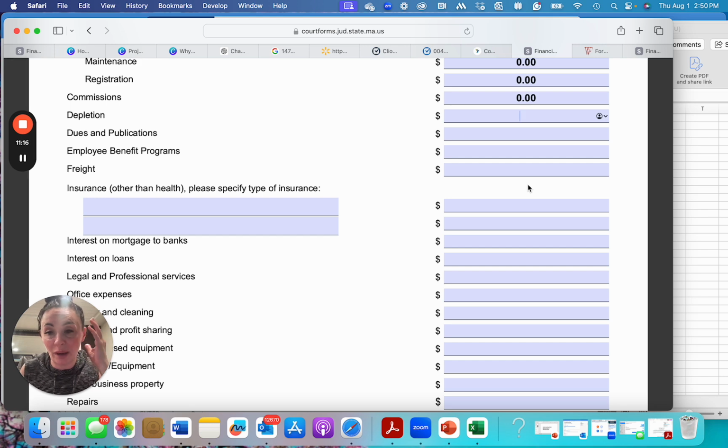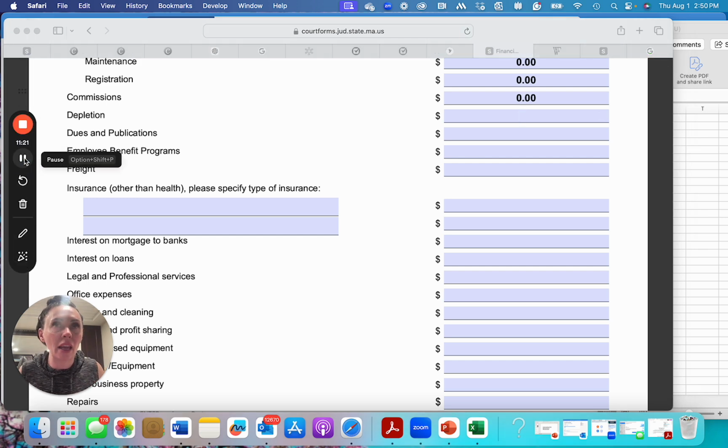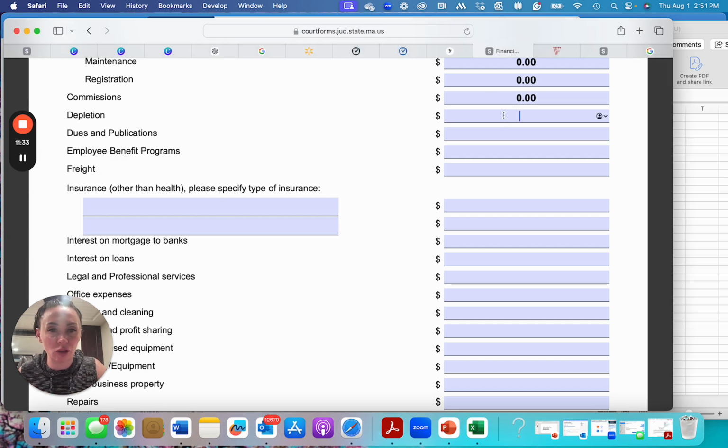I don't even think in my 15-year career I've had anyone report depletion. Depletion is a non-cash expense that has to do with removing natural resources from the earth, like a mining company or like an oil company. But again, we're talking about a pizza shop and people really don't have depletion. So in all likelihood, this is going to be 0.